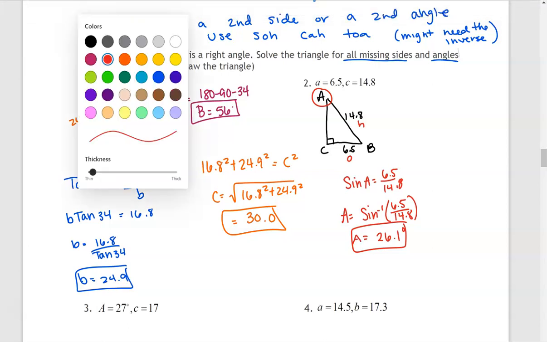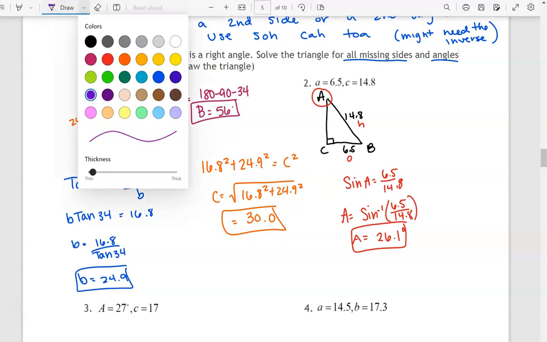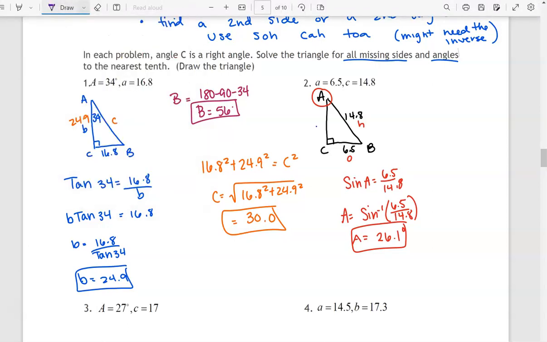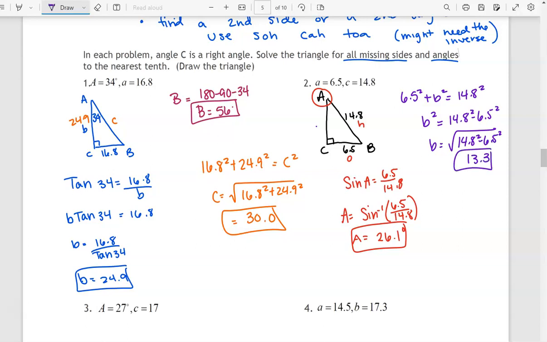And then we can use Pythagorean theorem. Since we have two of the sides, we can figure out what the third side is, the little b there. 6.5 squared plus b squared is equal to 14.8 squared. And we will subtract 14.8 squared minus 6.5 squared, and then we'll do our square root, and get 13.3 for b.